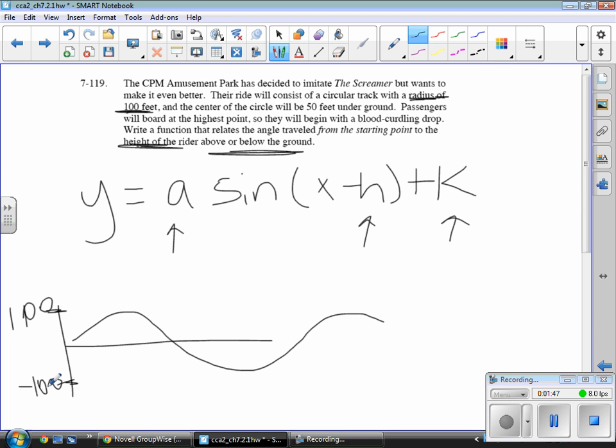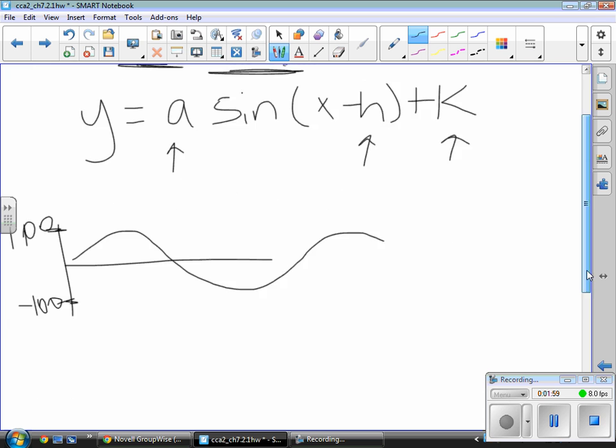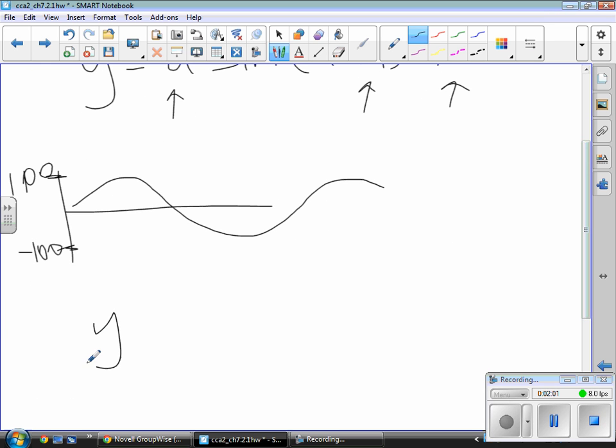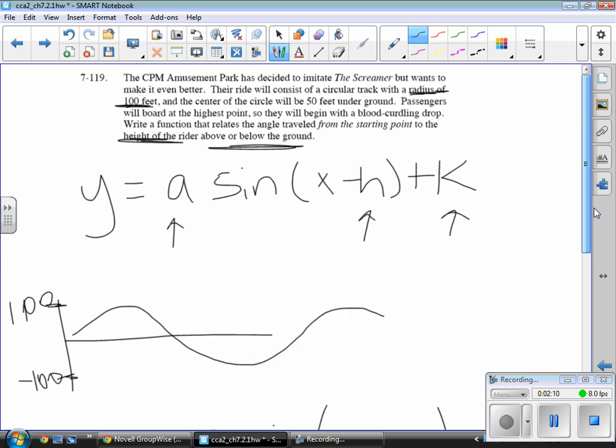But it's not 1 anymore. It's being multiplied by 100, okay? So instead of having a point at 0, 1, it would be like 0, 100. It's going to be a lot larger numbers. So the first thing we can change is y equals 100 times the sine of x something plus something. Okay? So that's what we know so far.